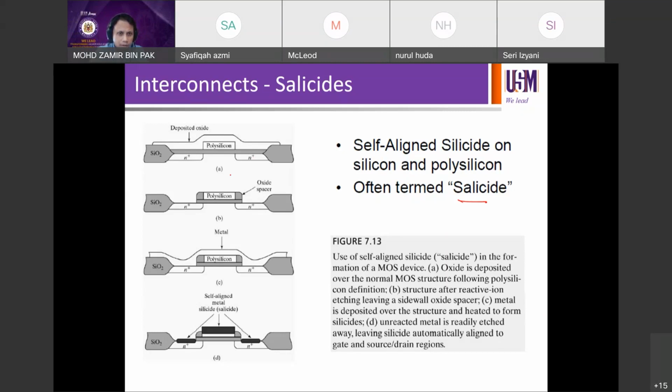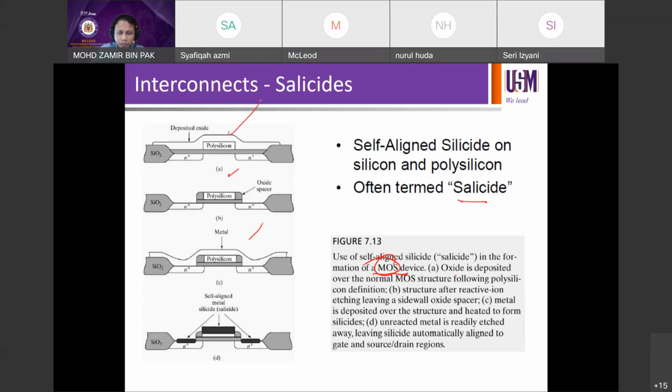So you can see here many different configurations. Use of self-aligned silicide or silicide on MOS, metal oxide semiconductor device. A is oxide deposited over the normal MOS structure following polysilicon deposition.